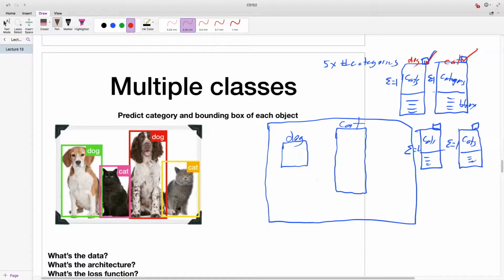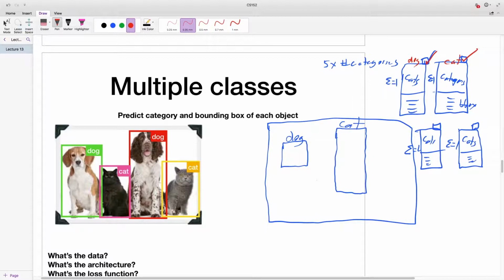Or maybe the category is just fine, but it's this cat or this cat, and its bounding box is off. And so the problem is, how do we match the outputs from the neural network with the ground truth objects so that we can correctly compute the loss?